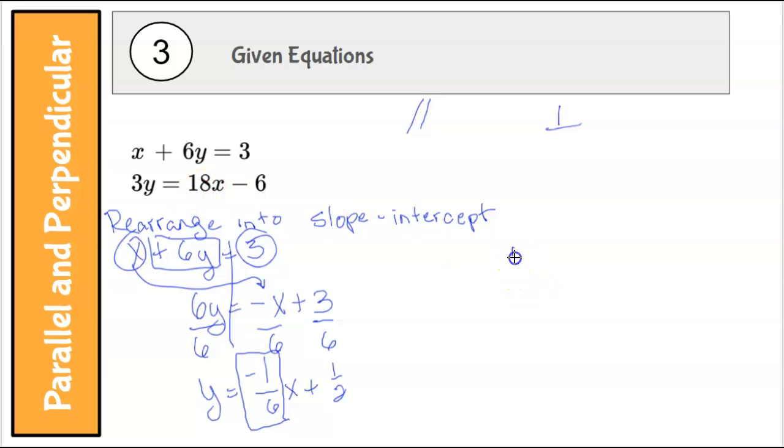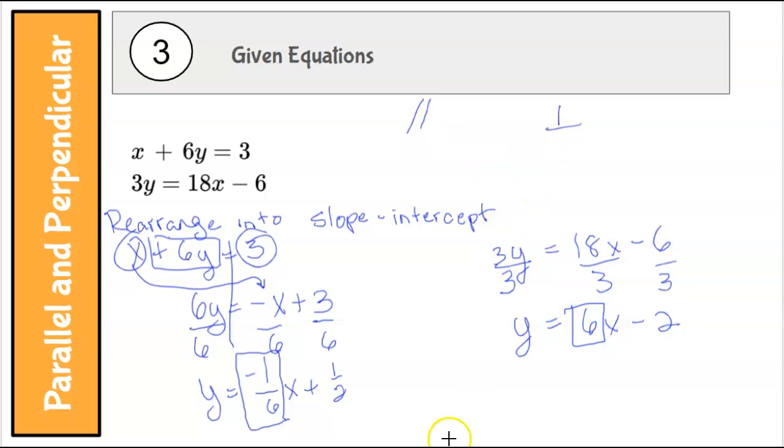Now let's take a look at this one. 3y equals 18x minus 6. Also not in slope-intercept form, but it's real close. All I have to do on this one is divide by 3 because the x and the 6 are already on the same side together. Now, are these parallel or perpendicular? Well, they're not parallel because these aren't the same. But are they perpendicular? Are they flipped and switched?